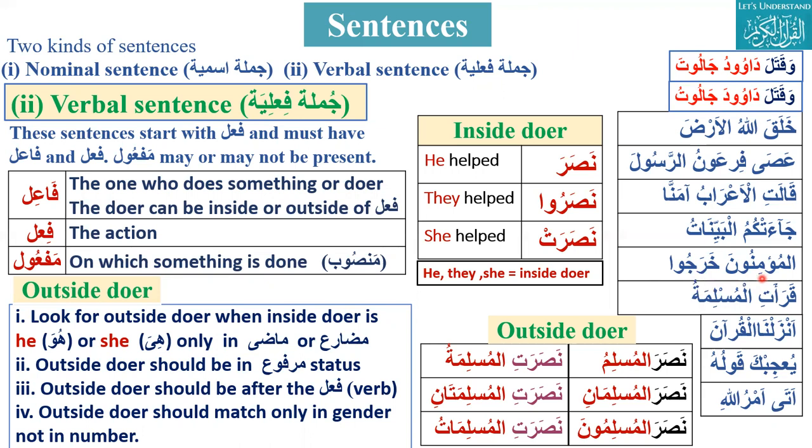Then we can make it kharaja al-mu'minun. The outside doer should match only in gender but not in number. So, kharajal mu'minun. Okay, thank you.